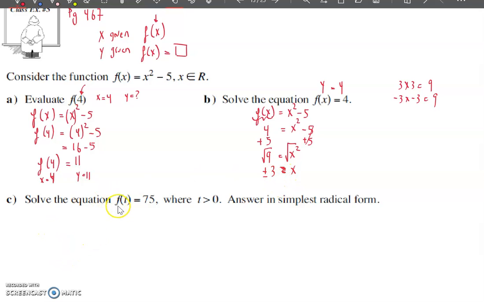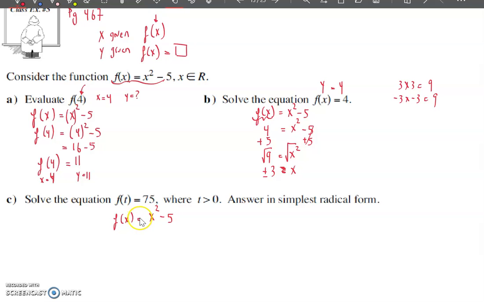Part C, again, same idea. In here, they're telling us, solve the equation f of t. So they're saying the same equation here, but they're using a t instead of x. But it doesn't matter, it's the y value given to us. So we're using the same function that is over there.